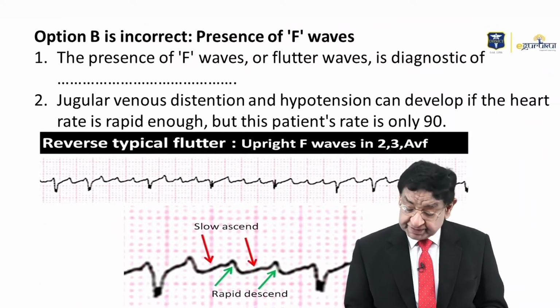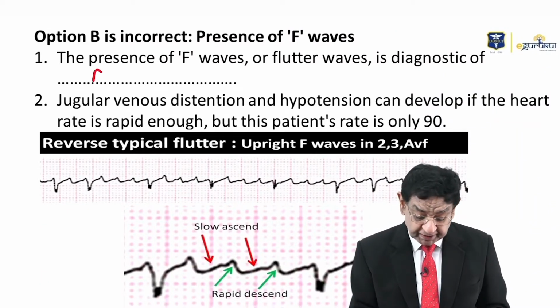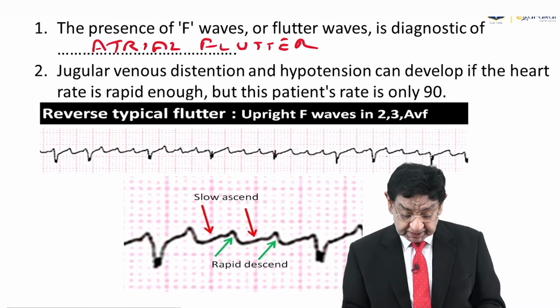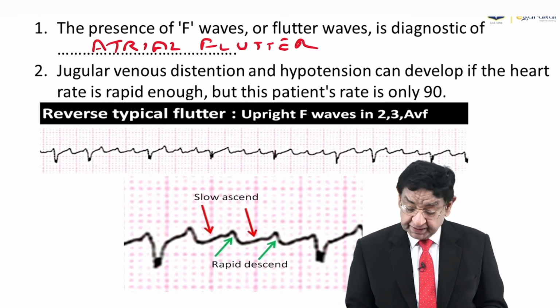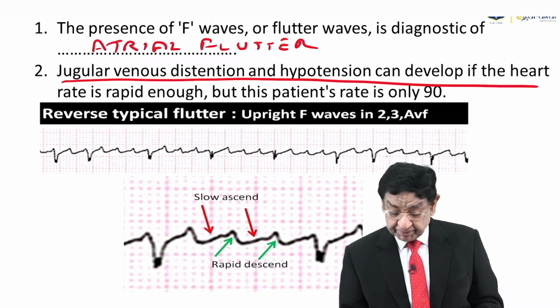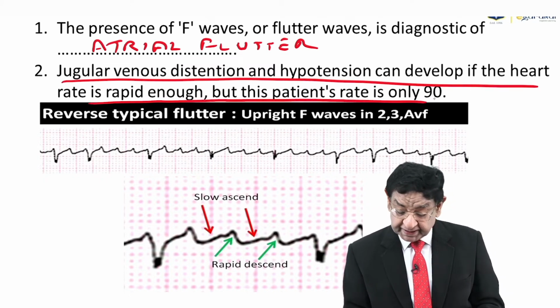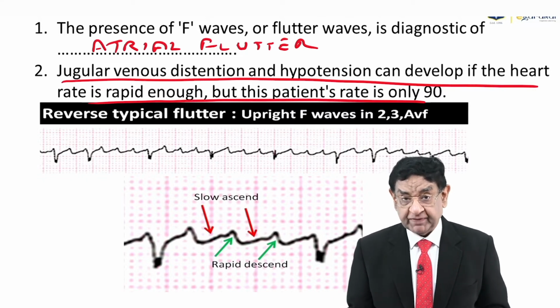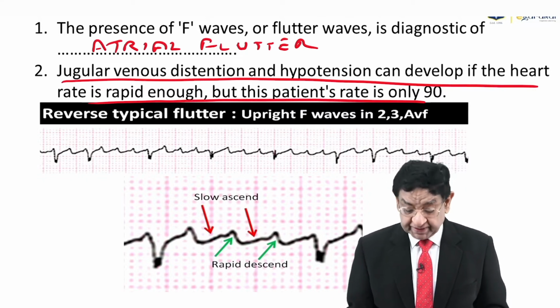F waves, with this we see diagnostic of atrial flutter. Look, the classical finding, okay. JVP distension and hypotension can develop if the heart rate is rapid enough, but here the heart rate is only 90. That rules out atrial flutter, because in atrial flutter the ventricular rate is very, very high.